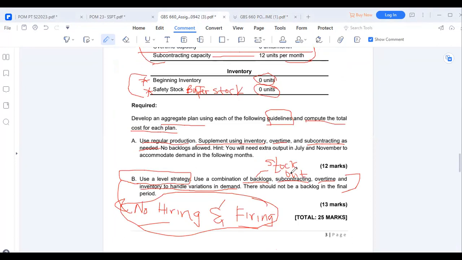So stock out, where you tell customers that you don't have the stock, or you can subcontract to another organization that can also produce the goods that you produce. You can also allow overtime, and you can allow inventory. That is, if you produce more than what is demanded. This is what this strategy is all about.